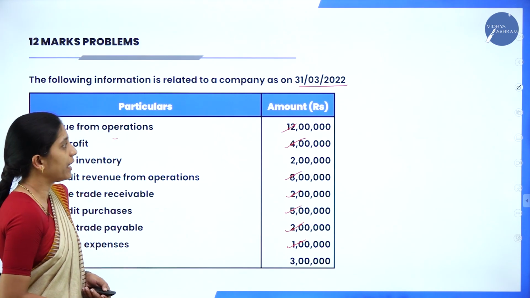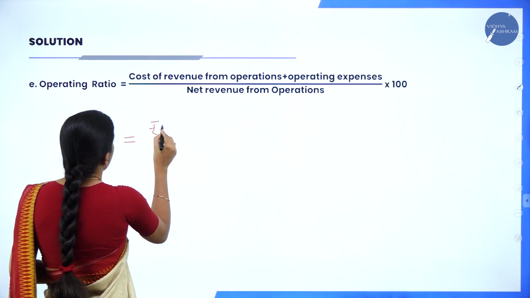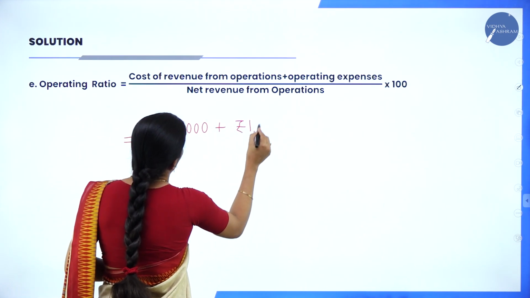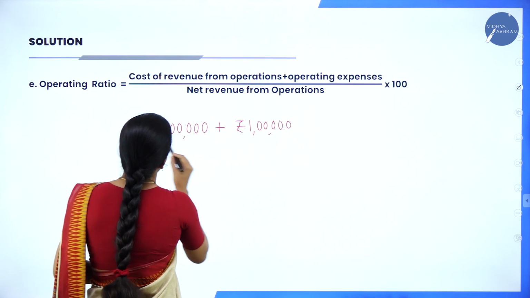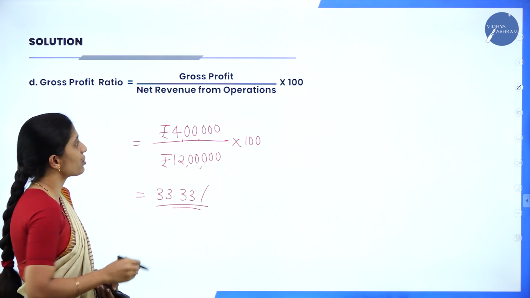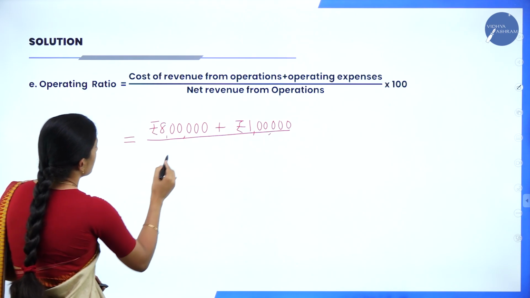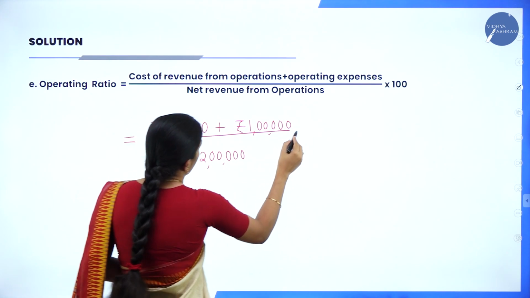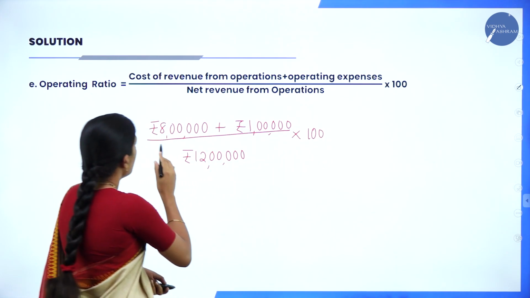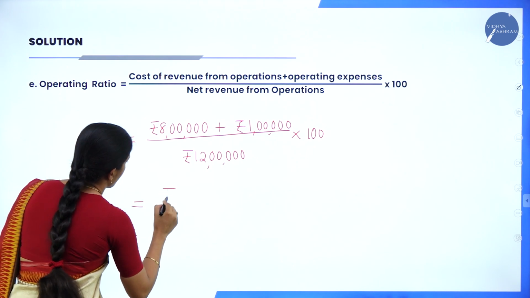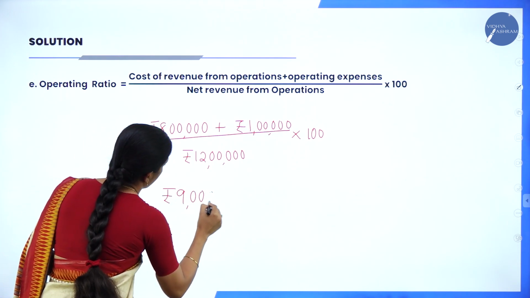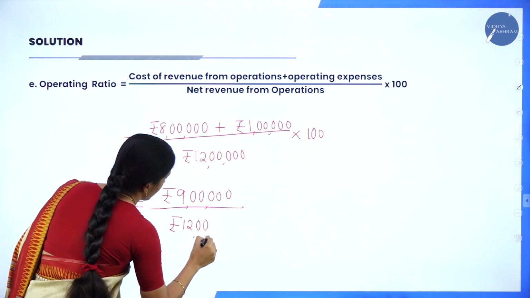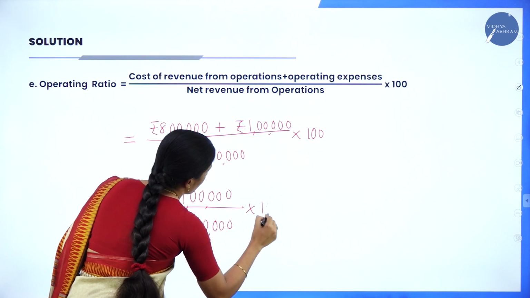So rupees 9 lakh divided by rupees 12 lakh, that is net revenue from operations, into 100.